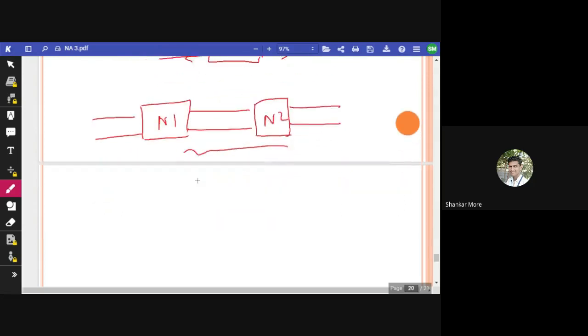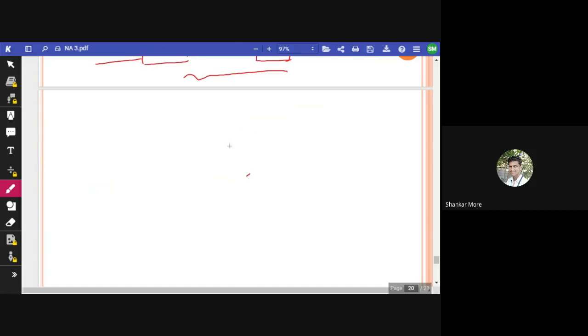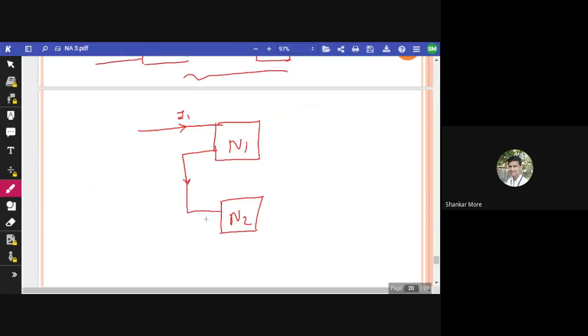Now, what is series arrangement then? See, let us suppose this is network 1, this is network 2, I1 is going here, same I1 is coming back from here, and then again it is going here, and then coming back from here.